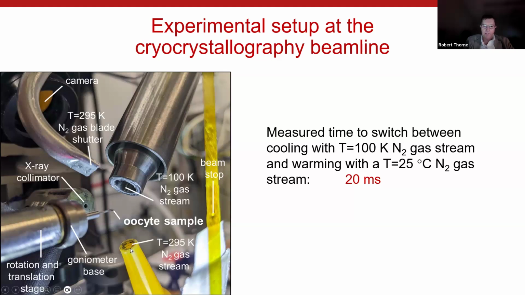And using the same gas source, the sample is then blown on using room temperature gas from this direction. We've directly measured what goes on here with thermocouples, and it takes about 20 milliseconds to switch from the cryostream flow to warming.